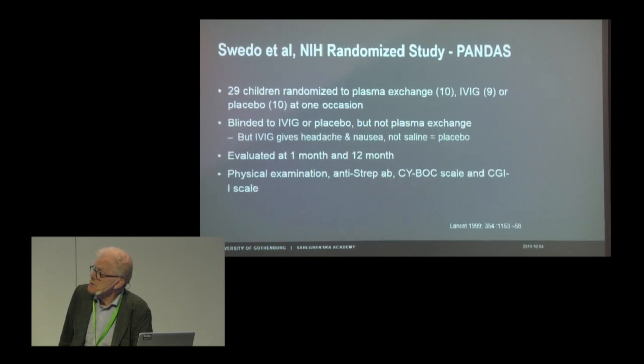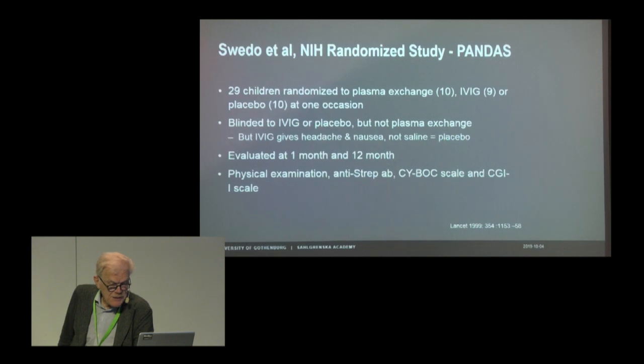I don't think so, because you as parents have children that have got immunoglobulin in high dose, and you know that almost 90% get headache of the immunoglobulin in this dosage. So it was easy to understand who got what and who got something else.